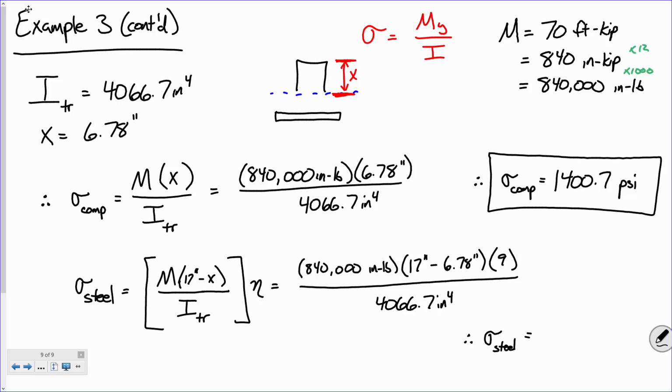Our stress in our steel, if you plug and chug, you get about 18,966.4 PSI.